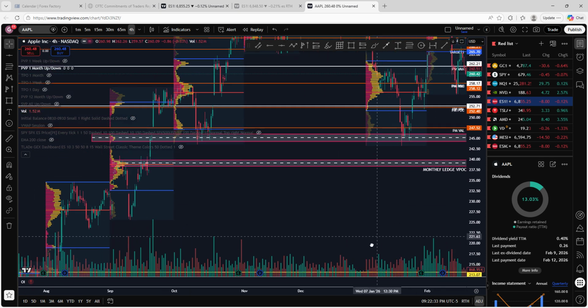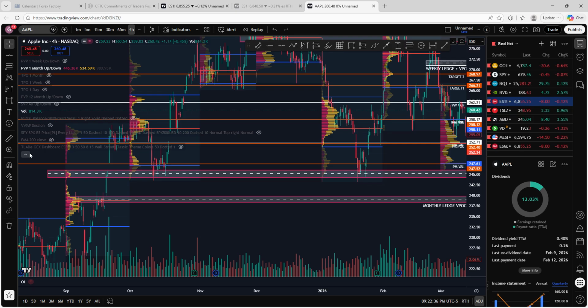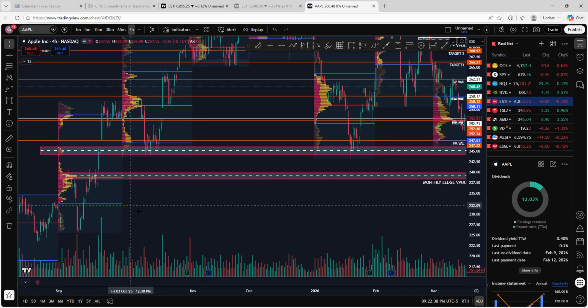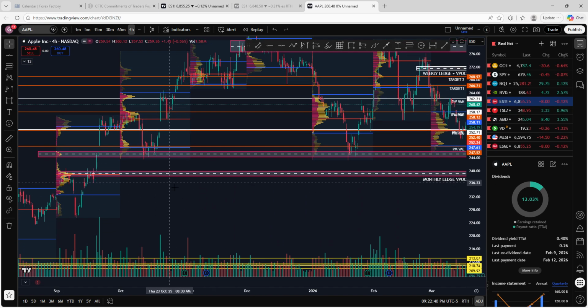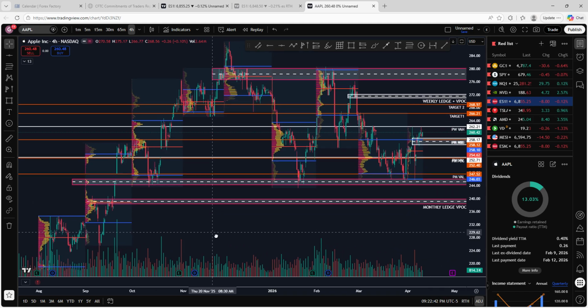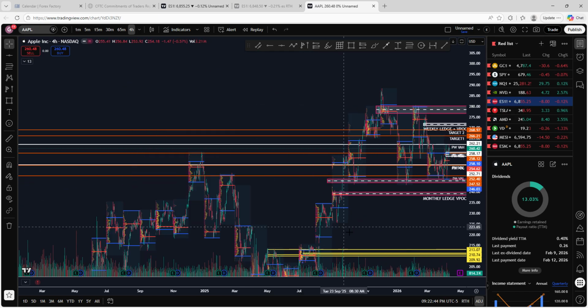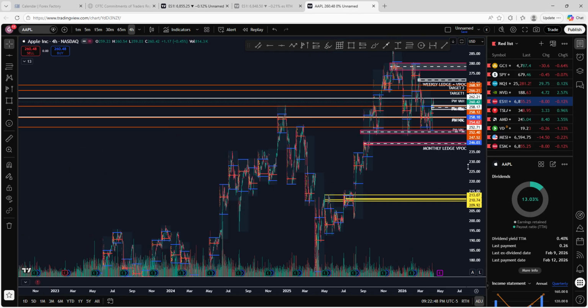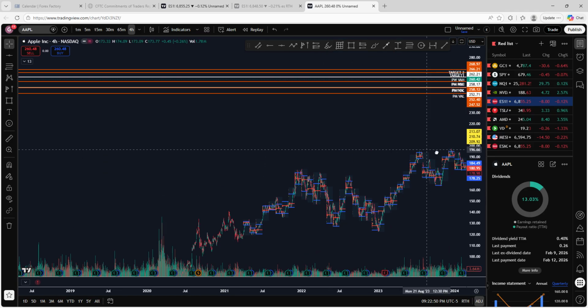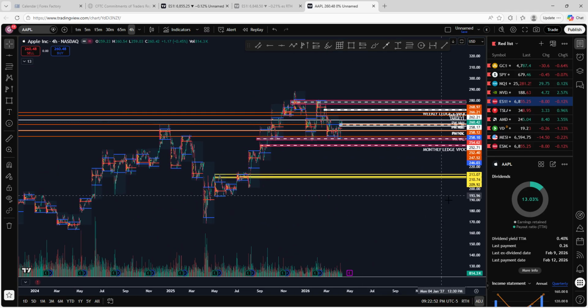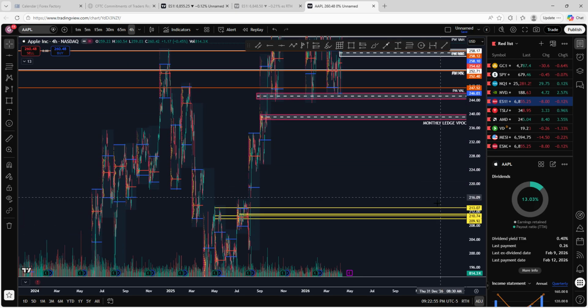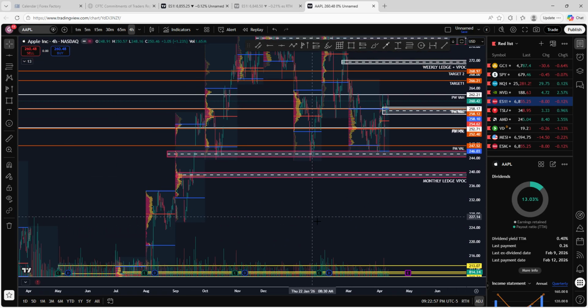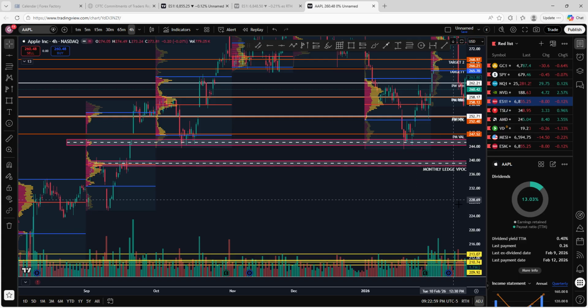Again, we go back to the original question. What happened from this level? And what happened here, guys, from this level right here? The entire move to the upside. The entire move. And I believe, if I'm not mistaken, this is where you got all-time highs from. This is where you got all-time highs from.